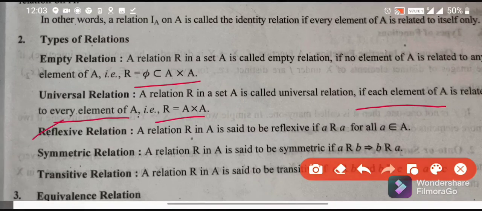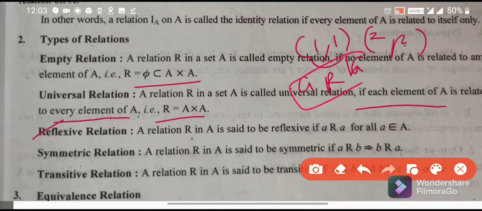Next is reflexive relation. A relation R in A is said to be reflexive if a is related to a for all a belongs to A, like (1, 1), (2, 2). This is a reflexive relation.